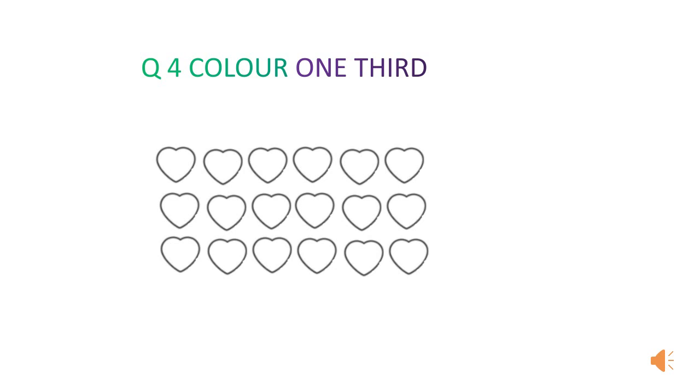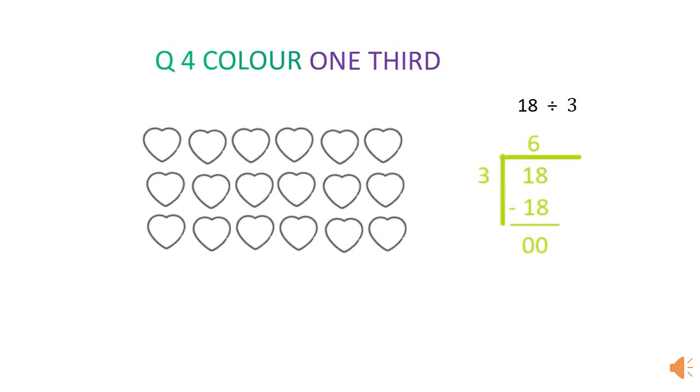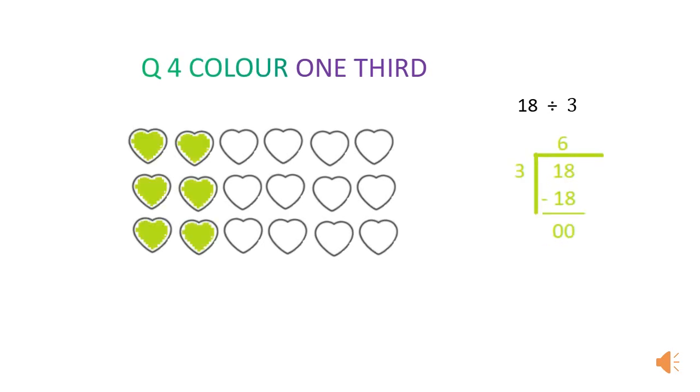So altogether 6 threes are 18, right? It means now I have to divide 18 by 3. Why by 3? Because it's one third. So I have divided 18 by 3 and 3 6s are 18. It means I have to shade 6 figures, right?